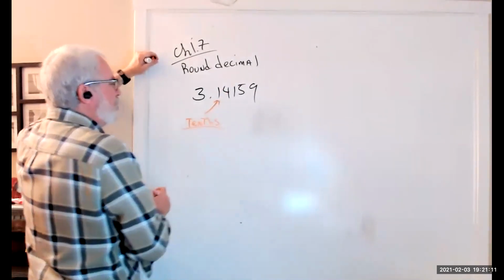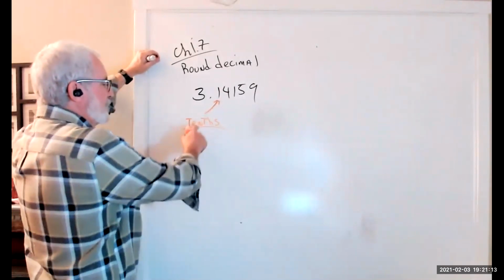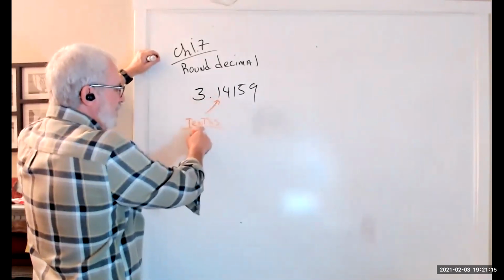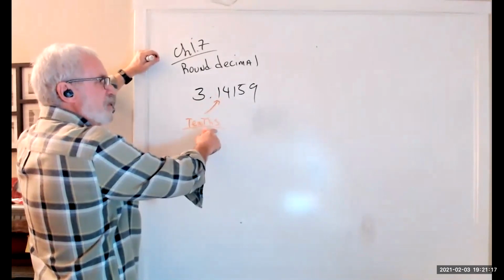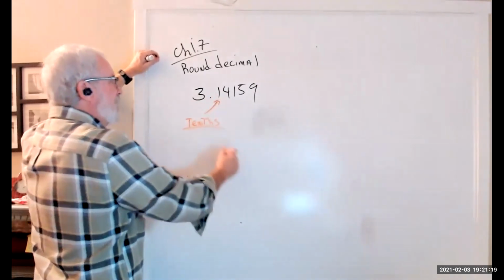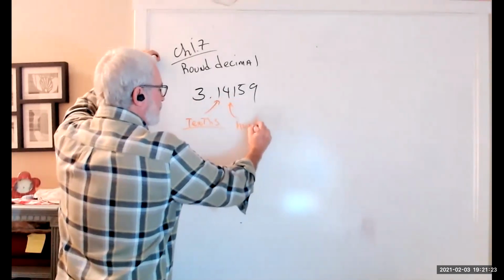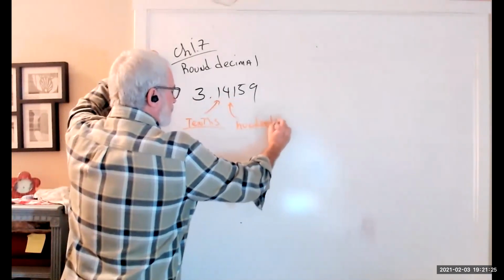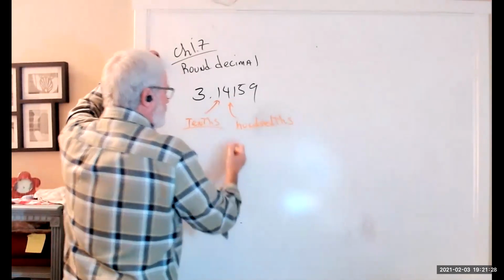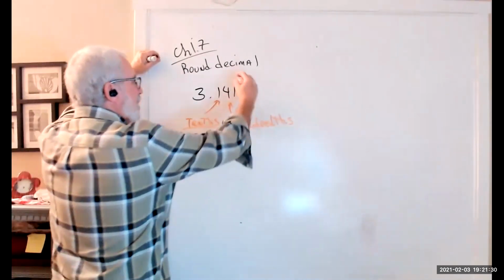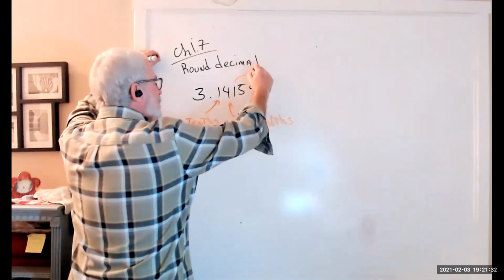The reason you know you're in decimals is because we put a THS at the end, tenths. Next place is hundredths. Again, it's got a THS. Next place is thousandths.